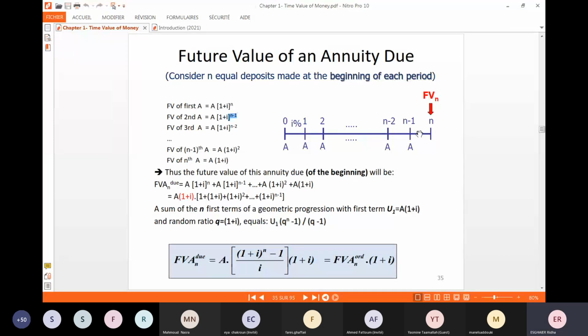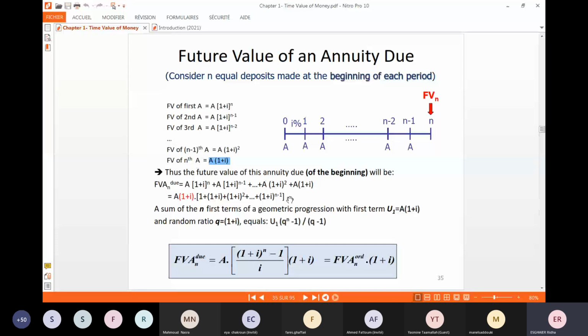We make the sum of all these future values. We make an arrangement. We note that A times 1 plus I is the first term, times 1 plus (1 plus I) plus (1 plus I) squared, until (1 plus I) power N minus 1.